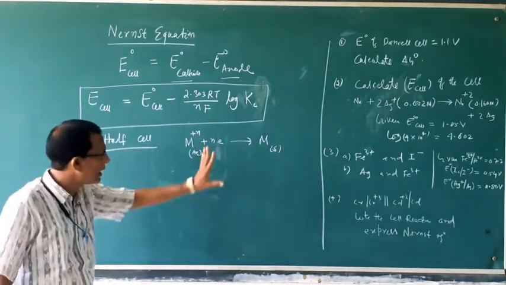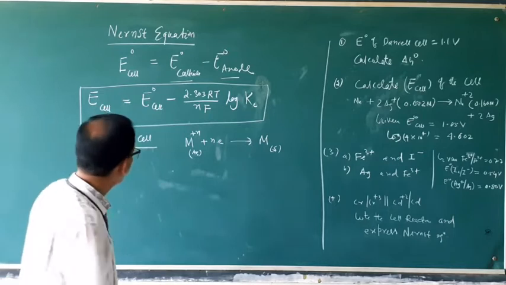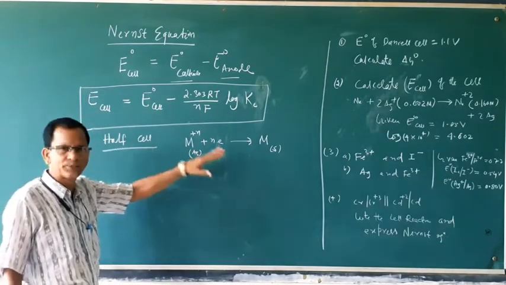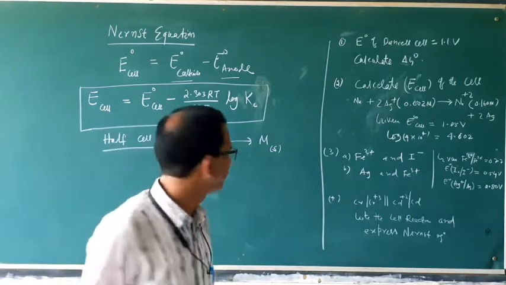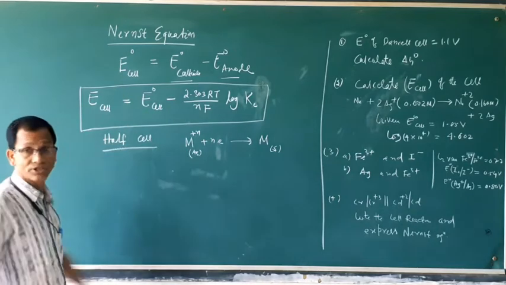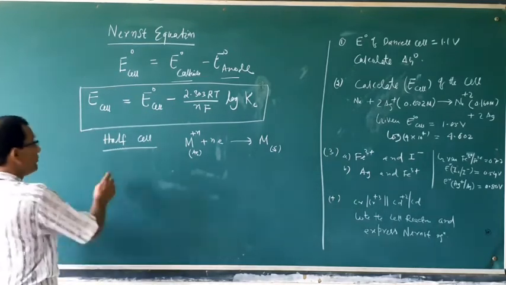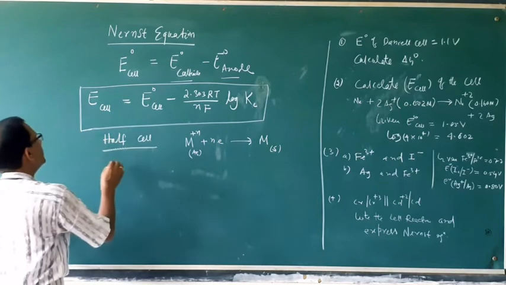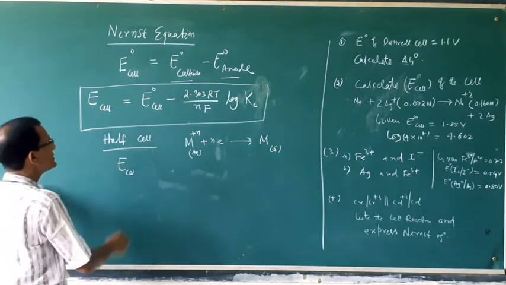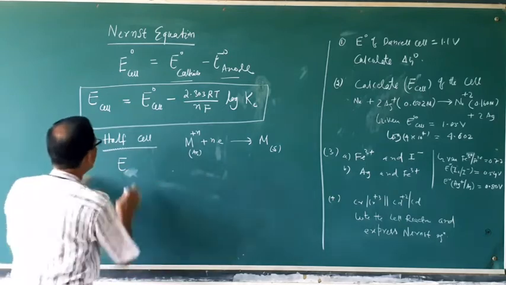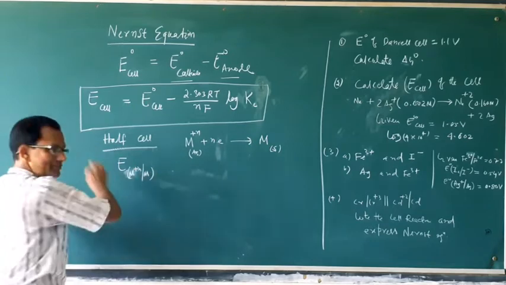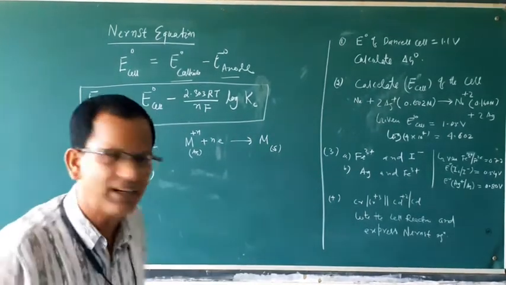If this is your half cell, how can you express the cell potential of this half cell as per the Nernst equation? The E of the cell, here the cell is M^n+/M. This half cell can be written like this.